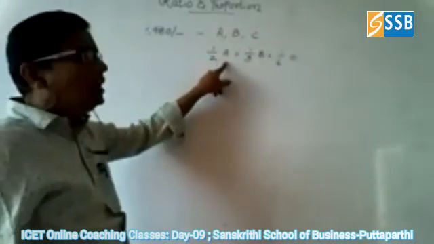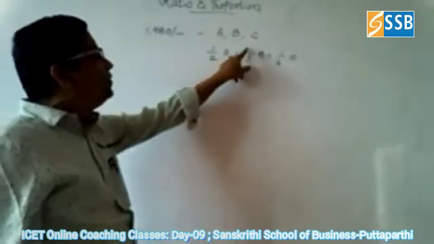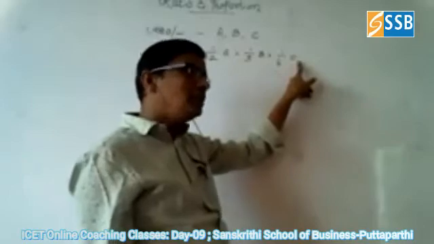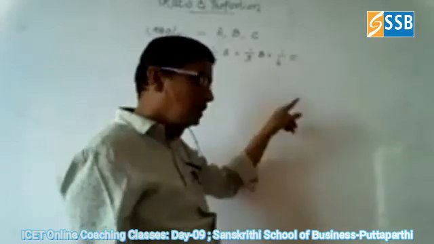Half of A, 1/3 of B, and 1/6 of C are equal. All these parts are equal.